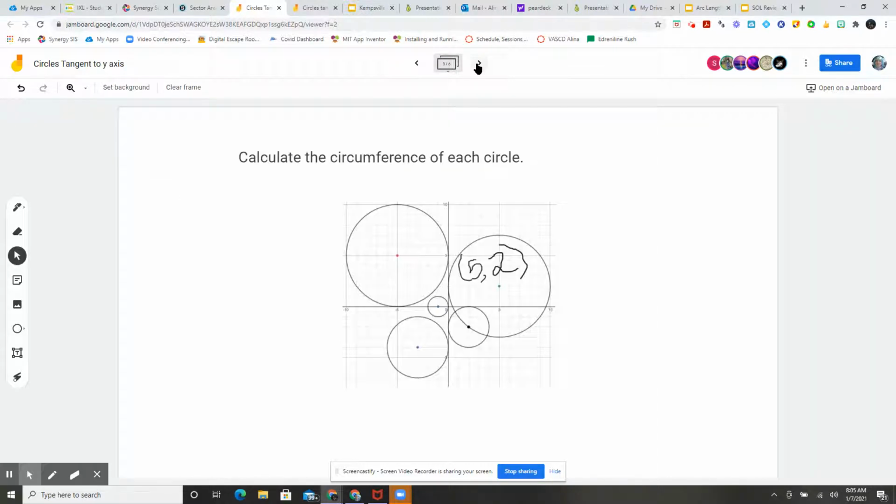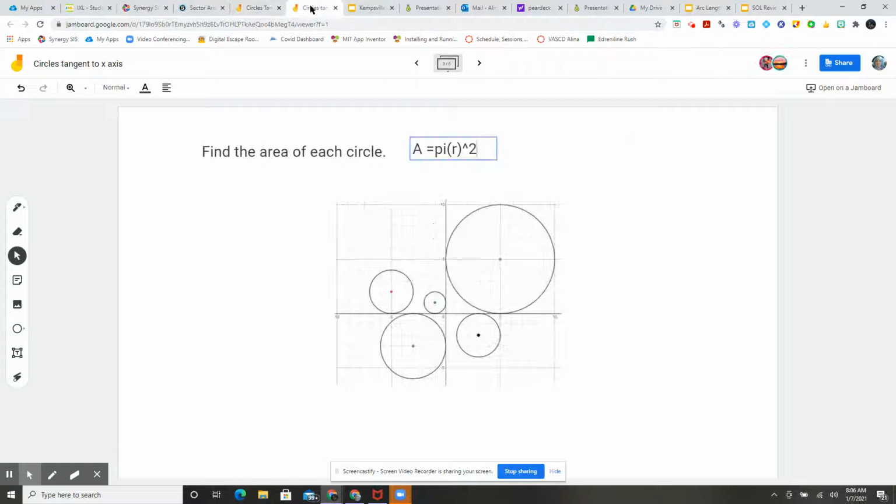We can go to the third slide and get circumference. So find something that you can do.